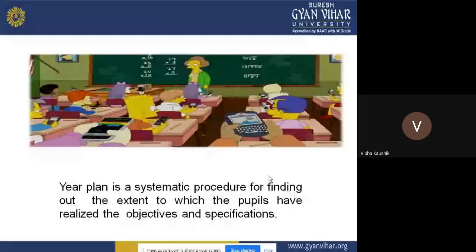Everything has to be done in an order, in a systematic way. Procedure for finding out the extent to which the pupil has realized the objectives, how much we are able to achieve our objectives, or we can say the realization of the objectives. And specifications, if any specifications are there, then they also have to be included in the year plan.